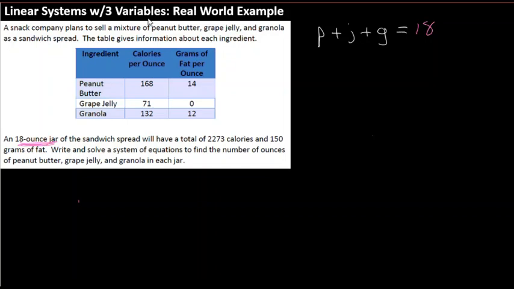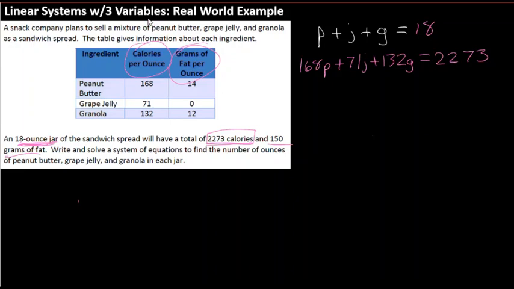We're also saying the amount of calories should add up to 2,273. So if we're looking at calories per ounce, we would have 168p plus 71j plus 132g for granola. It should add up to our 2,273. And right here, grams of fat per ounce.